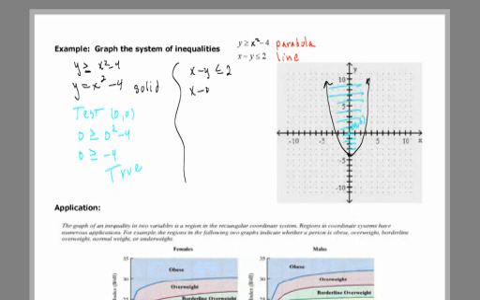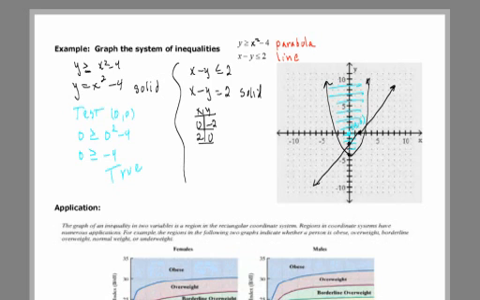Now let's go to our line. We're going to graph x minus y equals 2 as a solid line. Again, just a couple of points, however you want to graph that. 0 for x will give me a -2. 0 for y will give me a 2. So I've got 0, -2, and 2, 0, and a solid line going through those. And we'll test 0, 0.